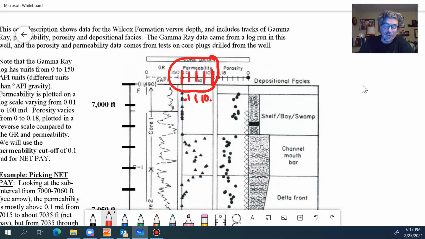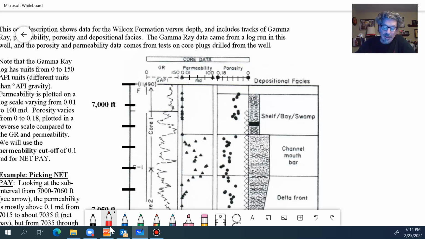So like I said, from 0.01 millidarcies to 100 millidarcies. And let me clear up my mess that I just made there so you can see it again. That's the scale in permeability. Because it's a log scale, it's a really big difference from one side of the log to the other.